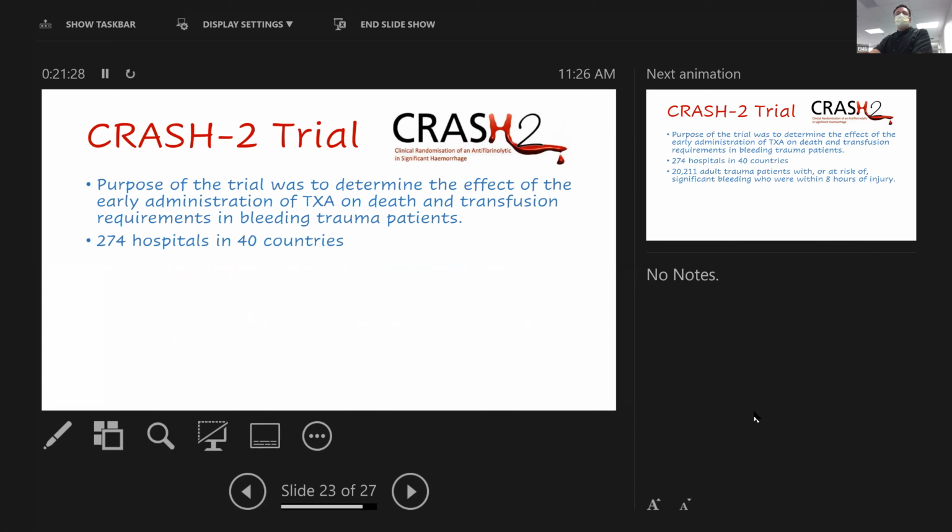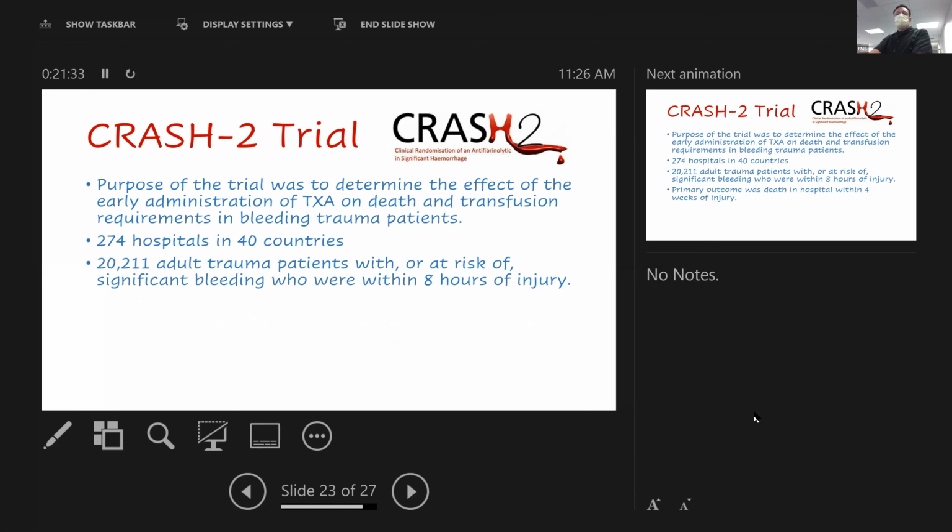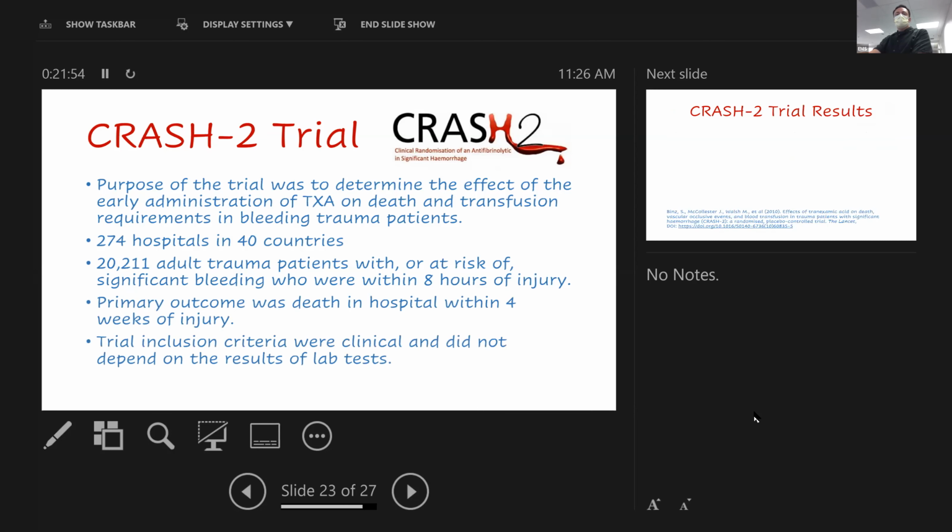They looked at 274 hospitals in 40 countries, very large trial, and they looked at 20,211 adult trauma patients with or at risk of significant bleeding who were within an 8-hour window from the time of injury. The primary outcome that they looked at was death in the hospital within 4 weeks of injury. And the inclusion criteria were clinical and did not depend on the results of lab testing.